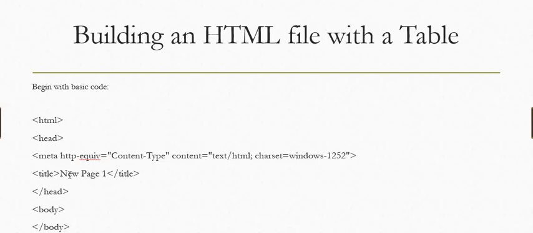Here I have a random title of new page 1, as well as some common meta tags and information to tell everybody this is an HTML file. And we also have our open body and close body tag. All of the information we need for our table will be posted within the body section.